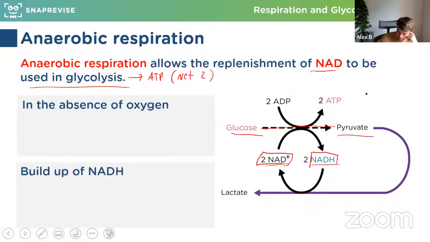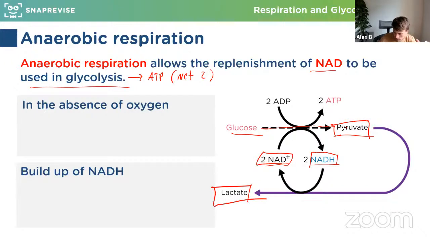So we regenerate it by turning pyruvate into lactate in mammals. So essentially, lactate is just reduced pyruvate, because we said these redox reactions, if one thing is reduced, something else is oxidized. So if NADH is getting oxidized, pyruvate is getting reduced.